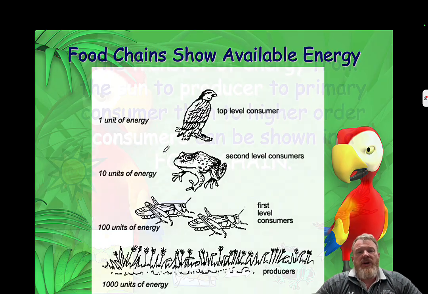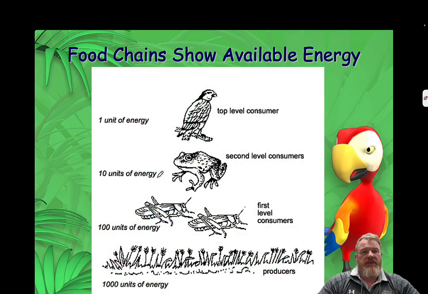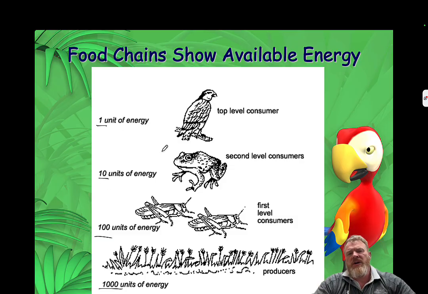They can show the amount of available energy at each level. For example, here we have 1,000 units, and here we have 100 units, 10 units, and 1 unit. We're going to talk a little bit more about this math in a second. This is a great example of an energy pyramid.